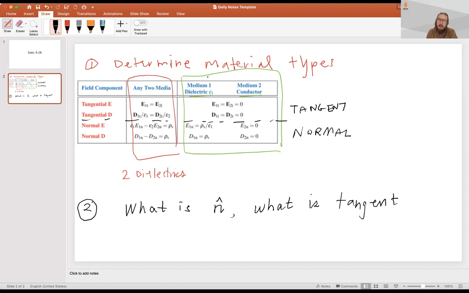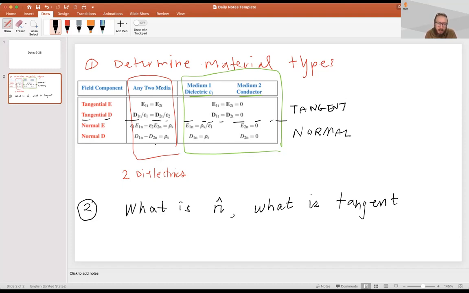Because first, when you determine the material type, you'll figure out whether you should use this set of equations or this set of equations. So that's the first thing: you should determine whether you're using this side or that side. And the second thing is to figure out what's normal and what's tangent, because all of these boundary conditions are based on the normal and tangential components of the electric field.